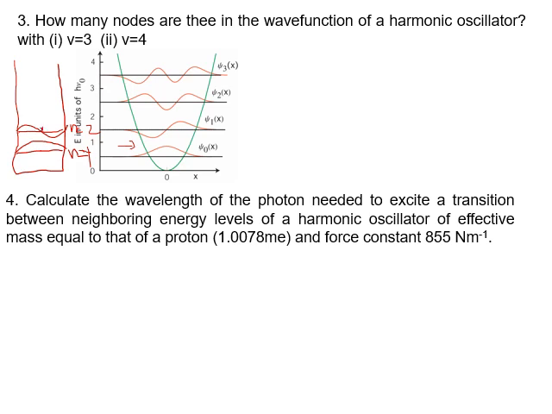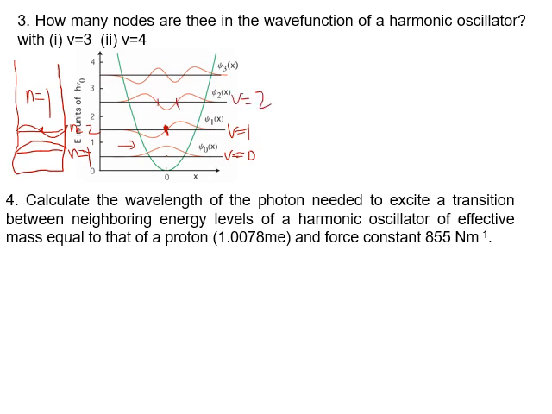So in the 1D box model, the number of nodes equals n minus 1. Now in the harmonic oscillator, the first energy level, v equals 0, again has no nodes. And then v equals 1, you have one node. v equals 2, you have two nodes.